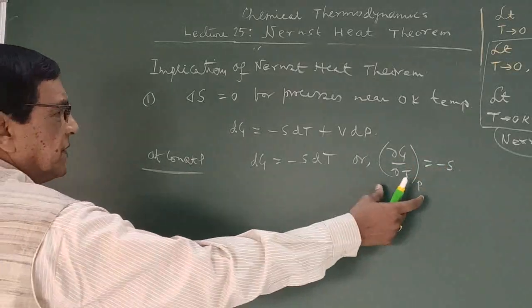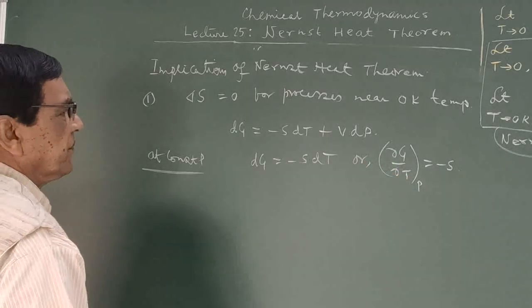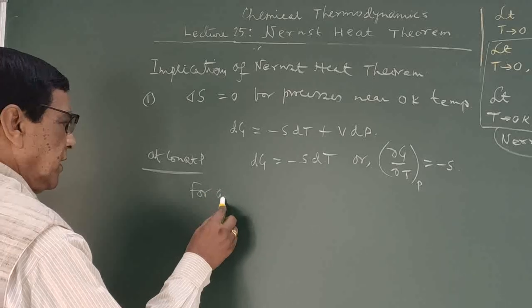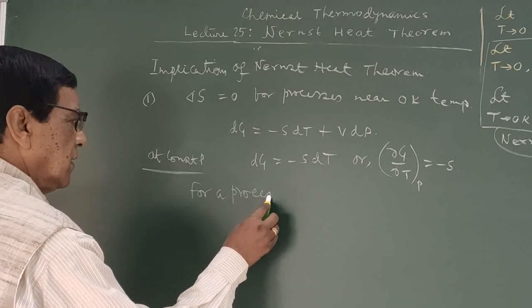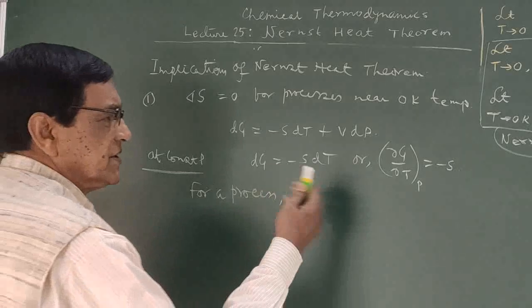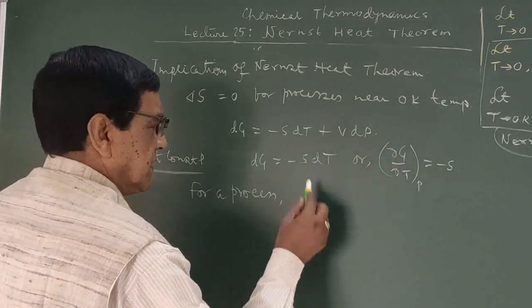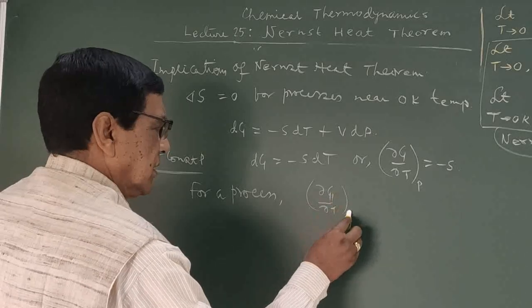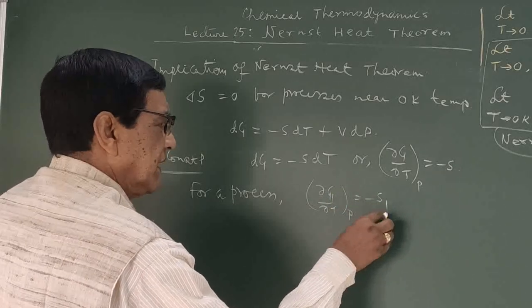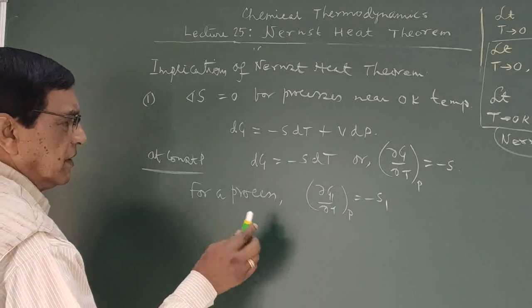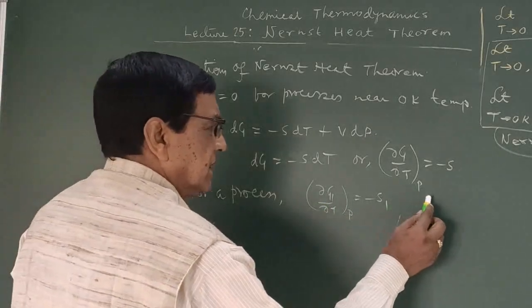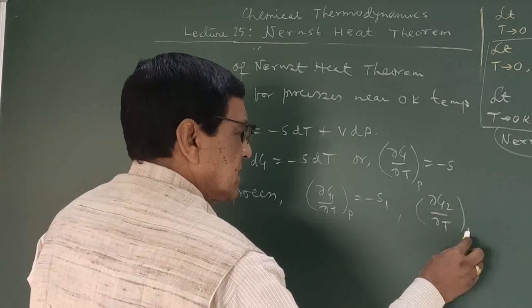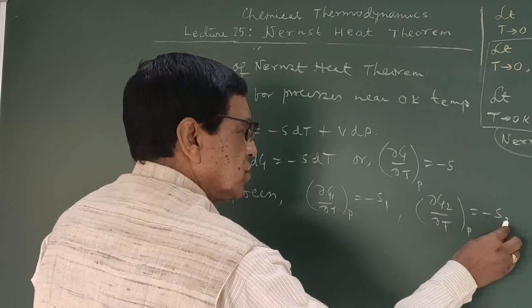This is very popular, and I have already discussed this one. For a process, for the initial state, this relation becomes del G1 by del T at constant pressure equal to minus S1, and for the final state, del G2 by del T at constant pressure equal to minus S2.